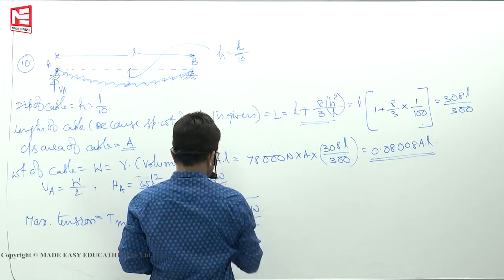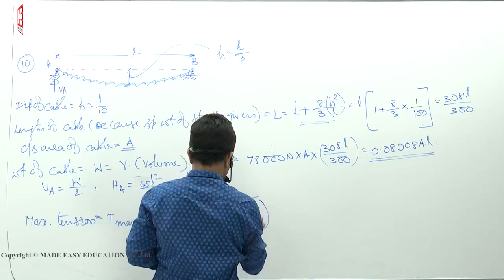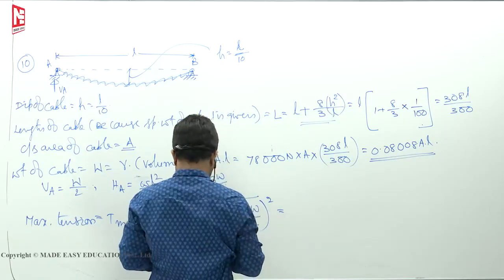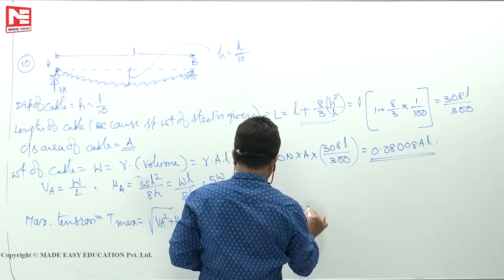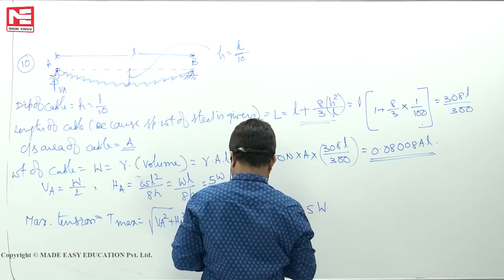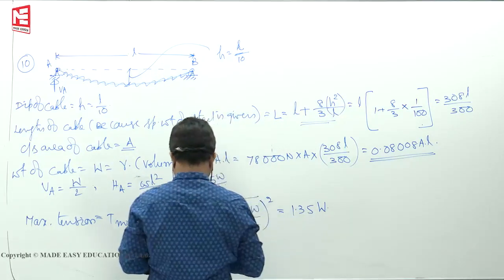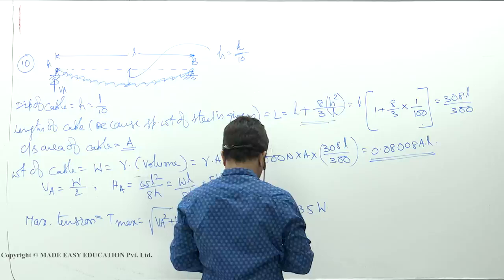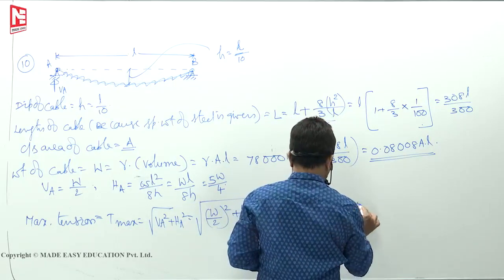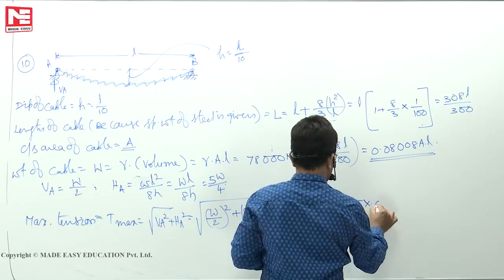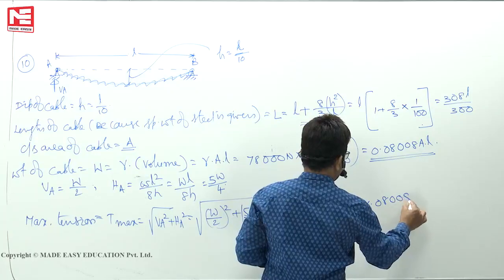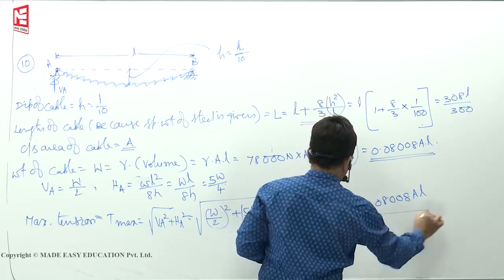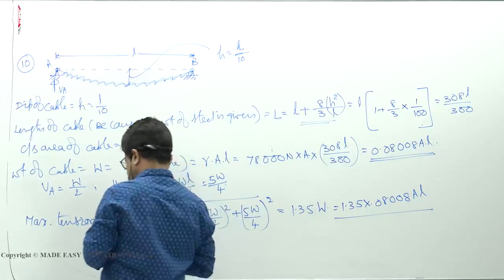So 10 by 8 means 5 by 4. So 5W by 4 whole square. So this value works out to be 1.35 W. W is 0.08008 A into L.